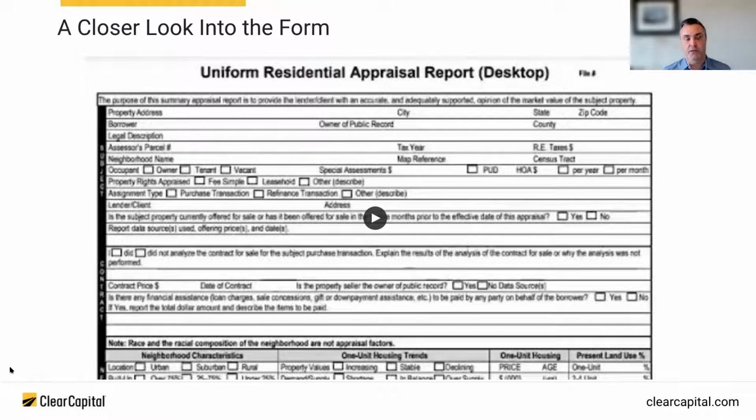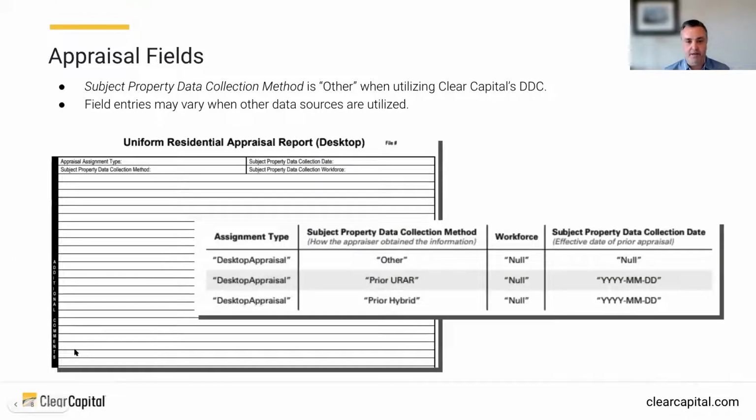The desktop appraisal is going to have to provide interior photos, and all the exterior photos as well: front view, street, rear view. Those photo requirements are required, and if any of those photos can't be provided, then this would be an ineligible product and it would need to be upgraded to something else so that information could be obtained. But let's jump into a little more of the form, and Todd's going to go over some of the specifics with you.